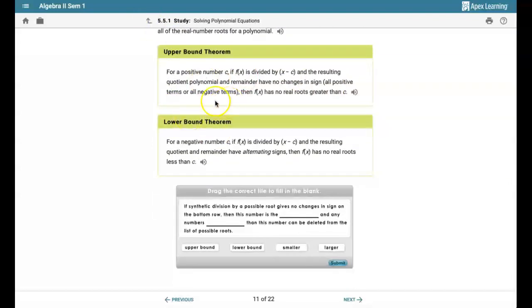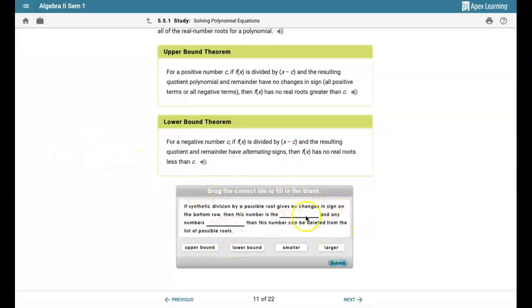On the other side, our lower bound is still saying the same thing. We plug in this new value of c into our synthetic division, and if the quotient and the remainder have alternating signs, positive, negative, then there's nothing lower than that. And yes, we'll work through a couple problems here.